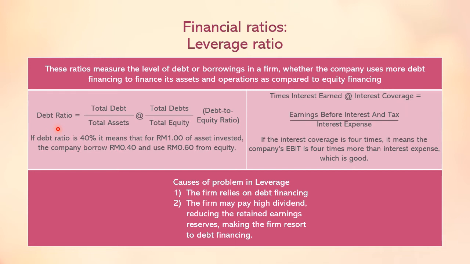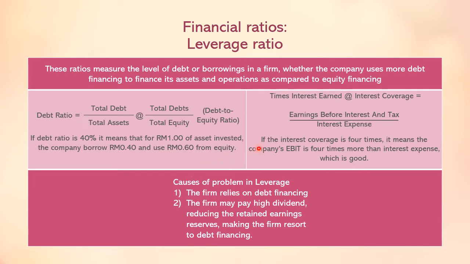So if the question asks you to calculate the debt ratio, it means that they are asking you to divide debt by assets. So if your calculated debt ratio is 40%, it means that for every 1 ringgit of asset that you have purchased or invested, you borrow 40 cents and you use your own money, 60 cents. It means that the firm borrows 40 cents to purchase 1 ringgit of assets and then uses 60 cents from their equity.